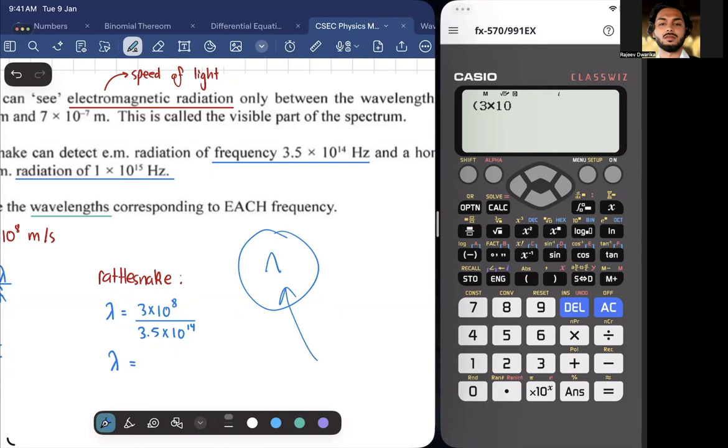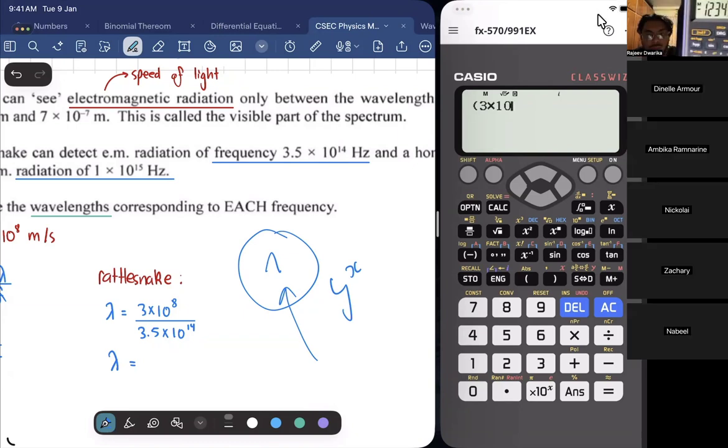Is that popping up? No, nothing. It just shows a degree mark and the brackets on top. So open bracket, 3 multiplied by 10, and then you're gonna press the Y to the X button. Let me show you what I'm talking about. This is the Y to the X button.